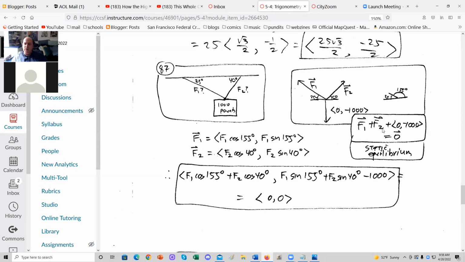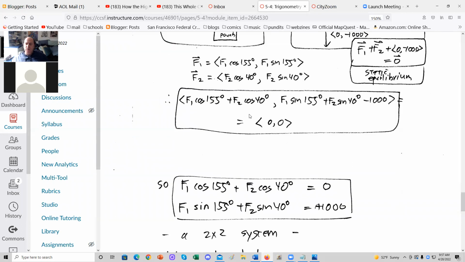F1 plus F2 plus 0 by -1,000 is 0. That's because it's at static equilibrium. So F1 cos 155 plus F2 cos 40 by F1 sine 155 plus F2 sine 40 plus -1,000. This is equal to the net force 0 by 0.